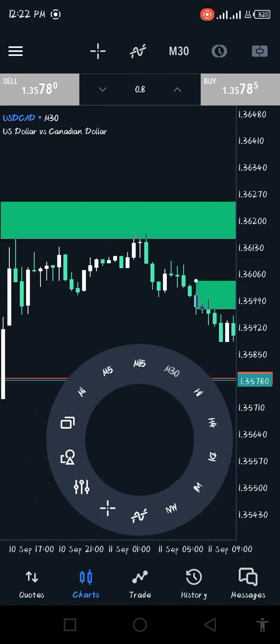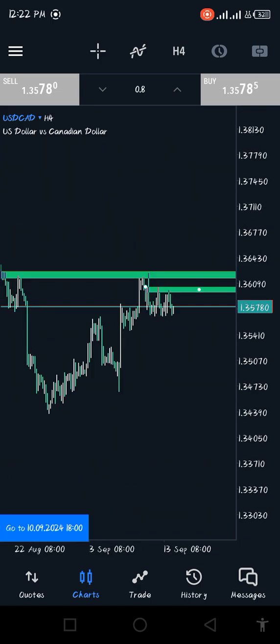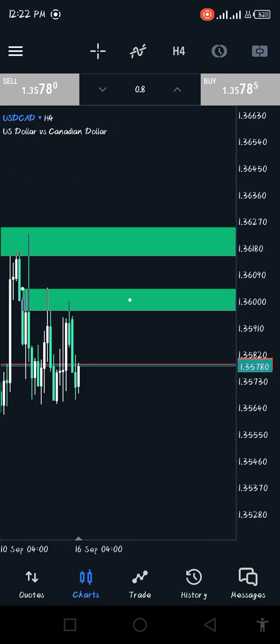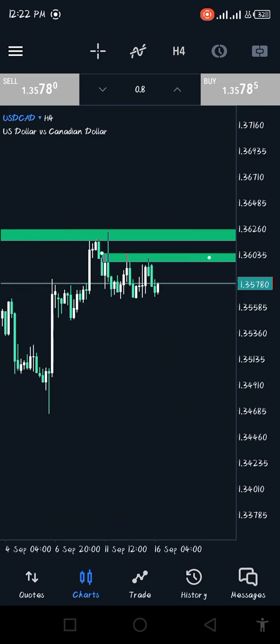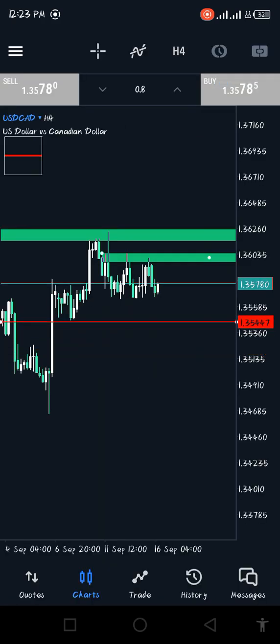That takes me to another point. Let's go back to the 4-hour time frame. Where do you think we can have our first TP, our first take profit? Our first take profit will be at this zone.